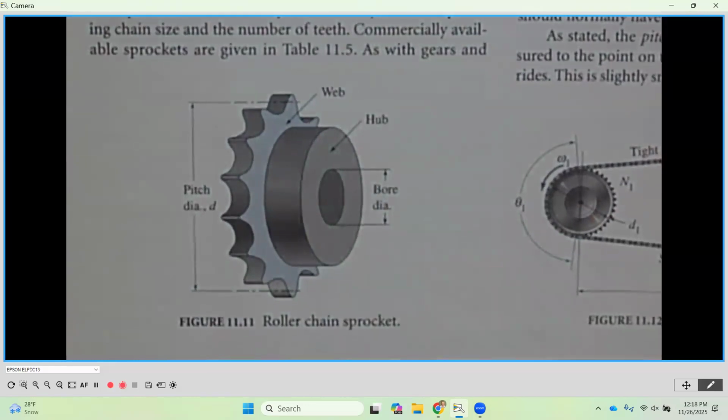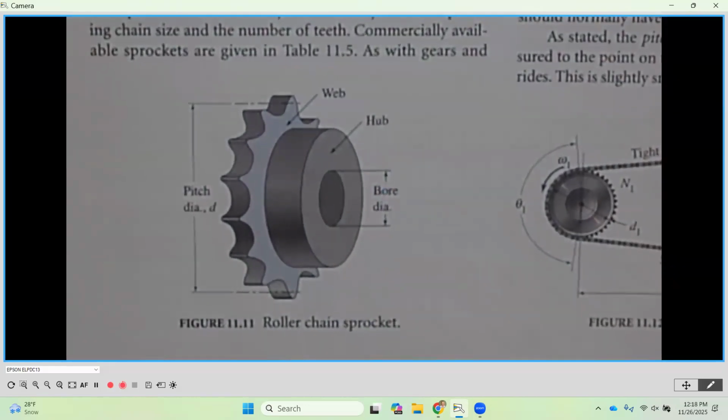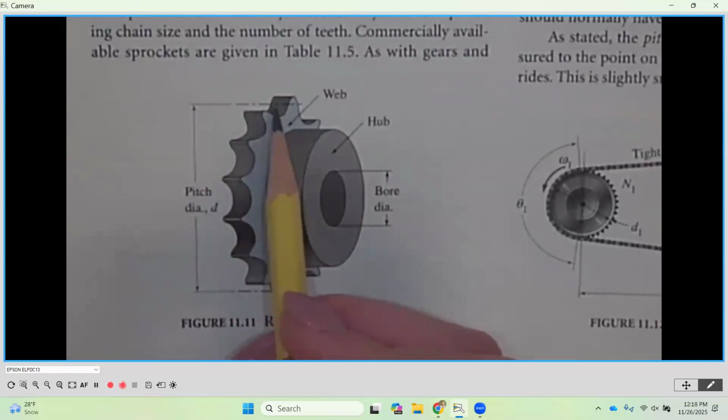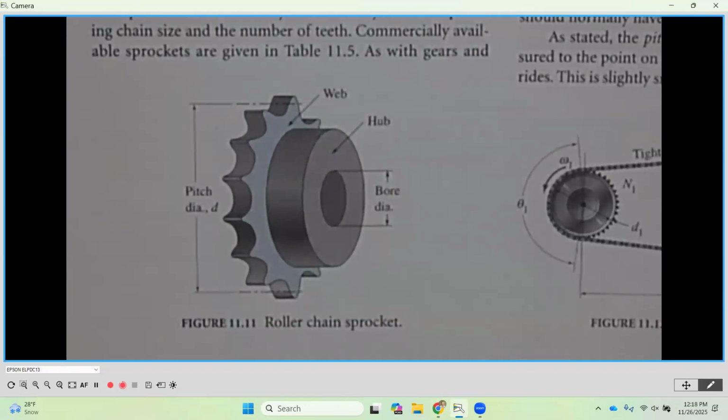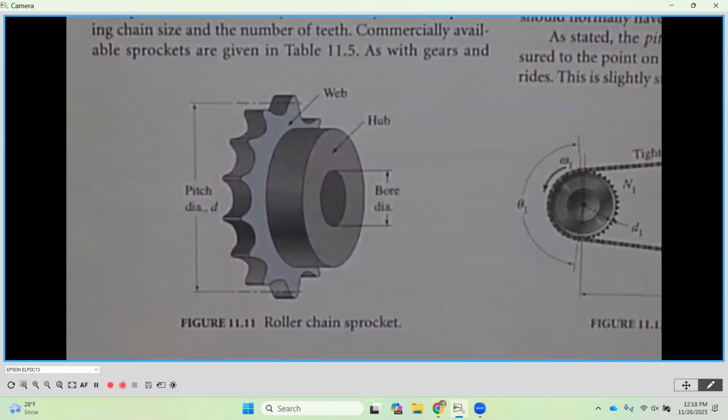And this is going to be, just like it was for gears, that effective diameter where it's actually going to be transmitting the force and the rotational speed from the teeth here to the actual chain. Okay, so it's in the middle-ish of that tooth. And that is going to be our pitch diameter called out with the variable lowercase d, just like it was for gears, actually.